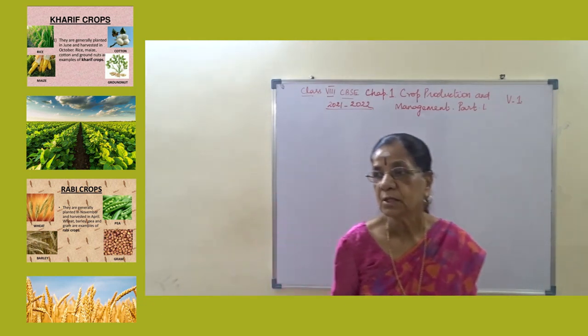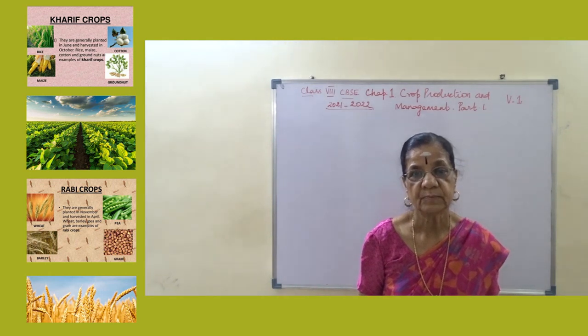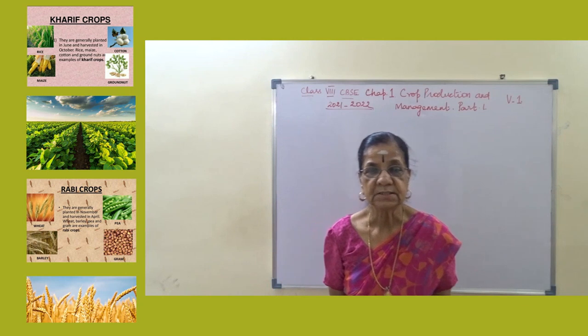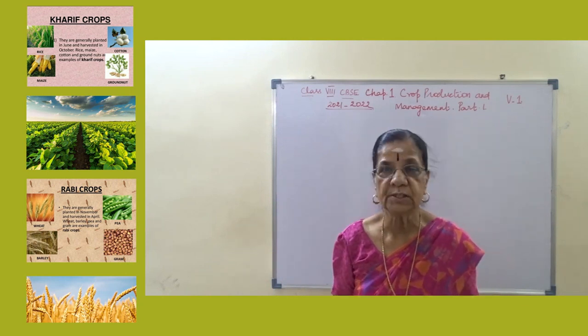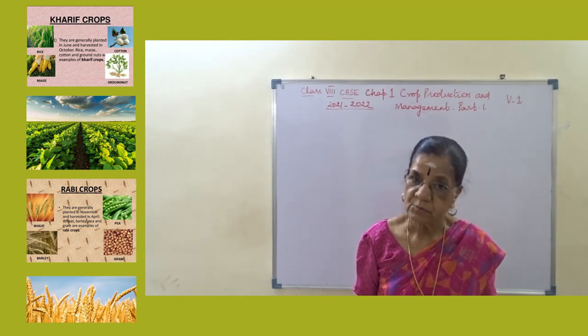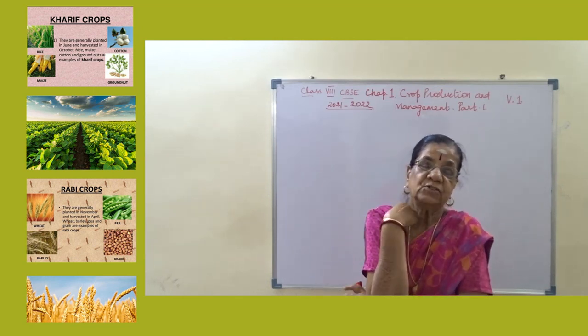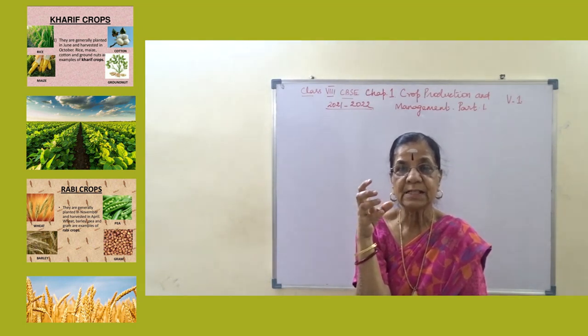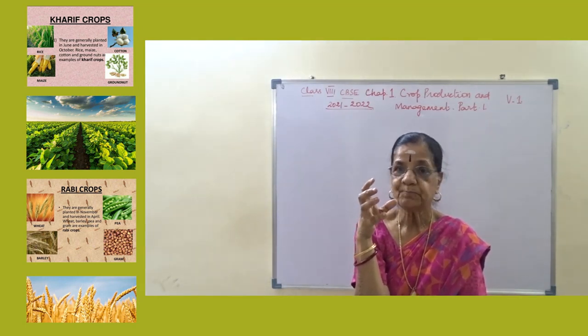What do you know? Crop is what? Now at home we have a small garden, isn't it? Some of us have a small garden with flowering plants, and some of us have a vegetable garden.